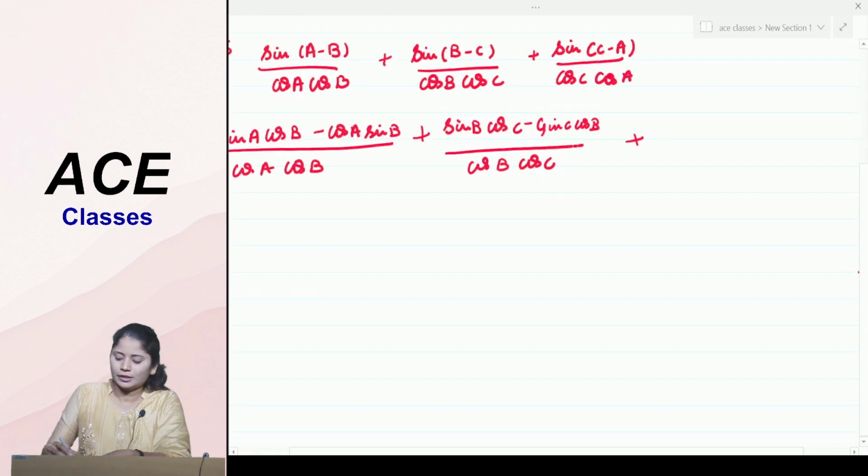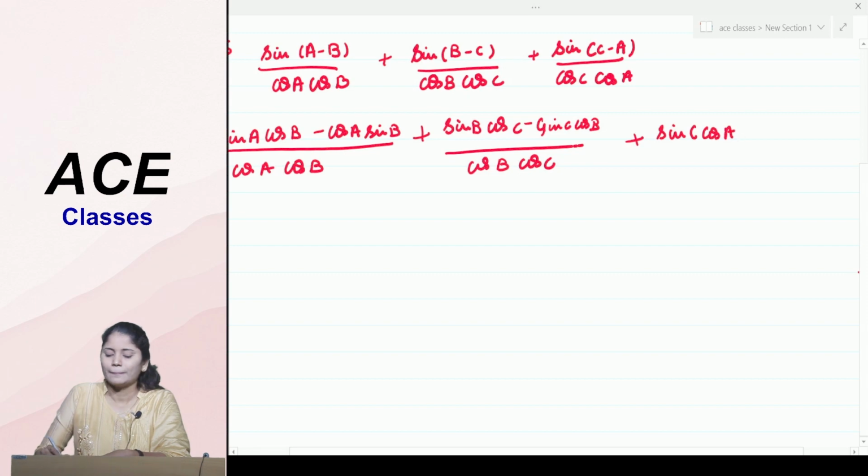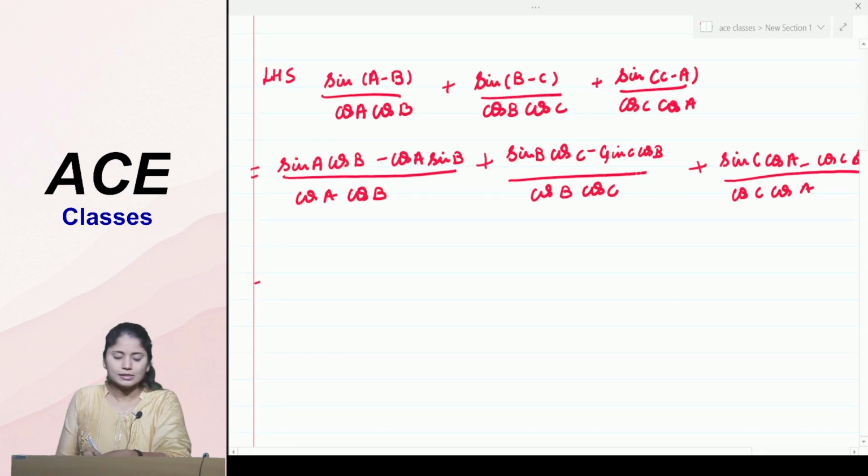Sin of C minus A I can write as sin C cos A minus cos C sin A over cos C cos A. Now I'll just split the denominator into two equal parts for both the terms.